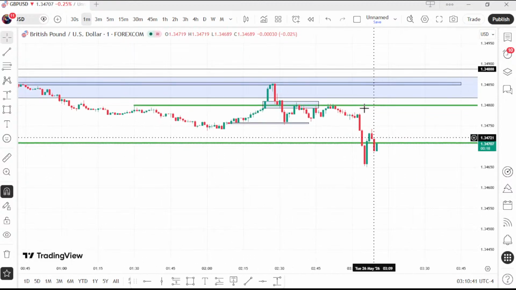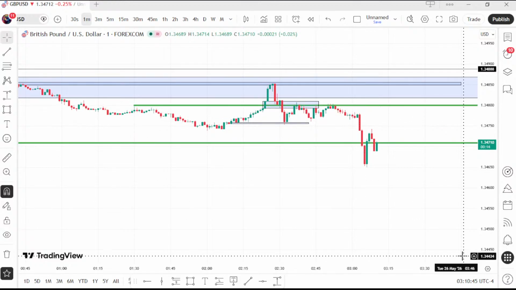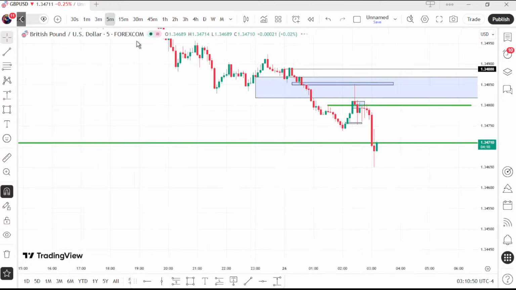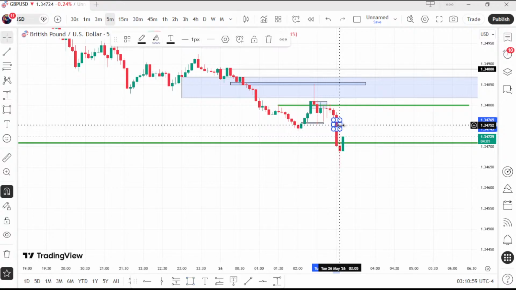And even this, if price continues being lower, I'm not going to be interested. I'm going to wait for New York or come back in a, you see this fair value gap might actually be the entry again for a sell stop.